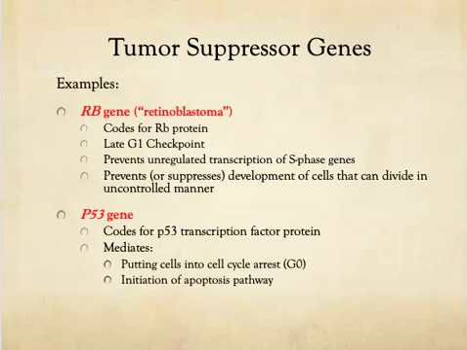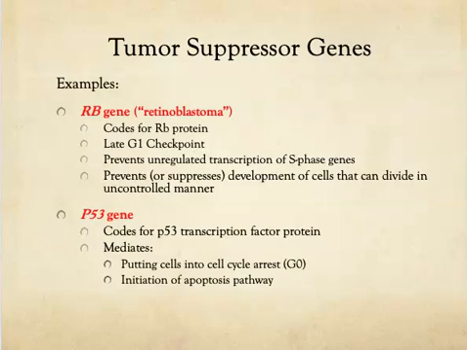And that's right, if you can remember it, RB protein was involved in our discussion of the late G1 checkpoint in the cell cycle. RB protein helps prevent unregulated expression of the genes that make proteins required for S phase.